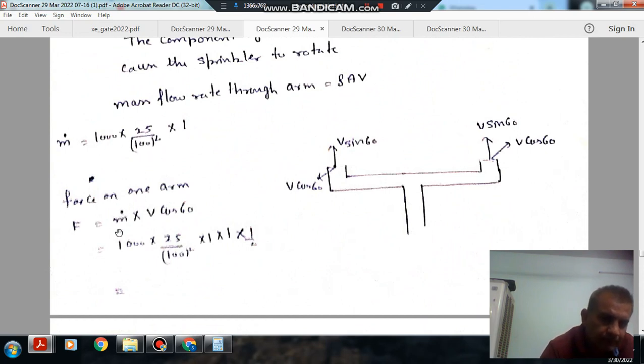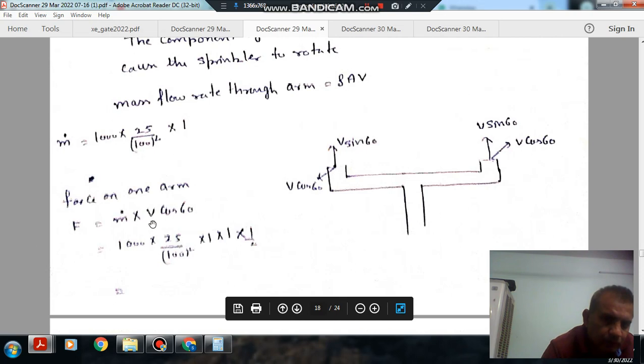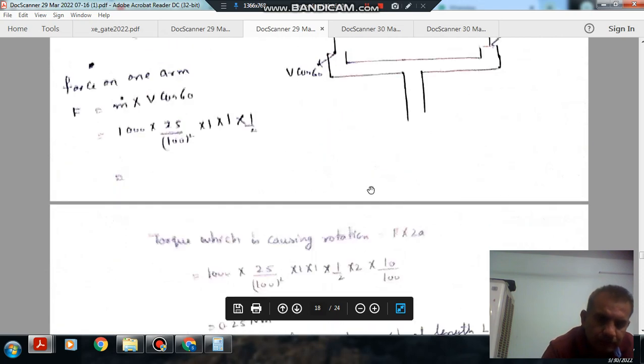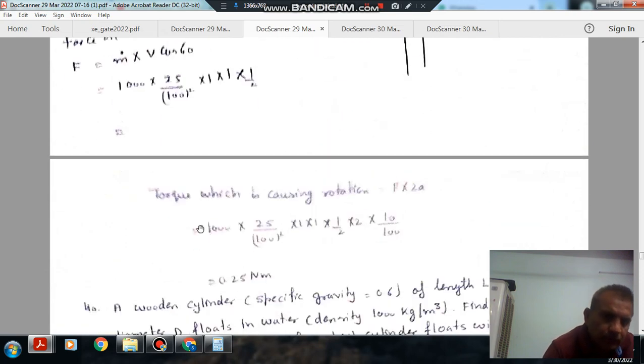Force is m dot into v cos 60, because this is mass per second, and if we multiply it by velocity then it becomes force, and we are concerned with this force only, because this will cause rotation. So m dot v cos 60 will be the force here and the force there, which will cause rotation and torque.